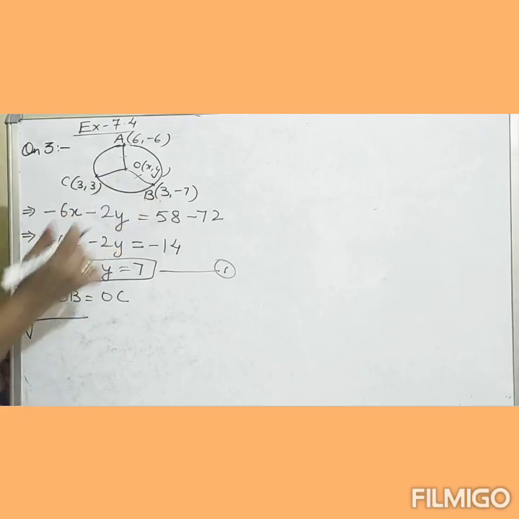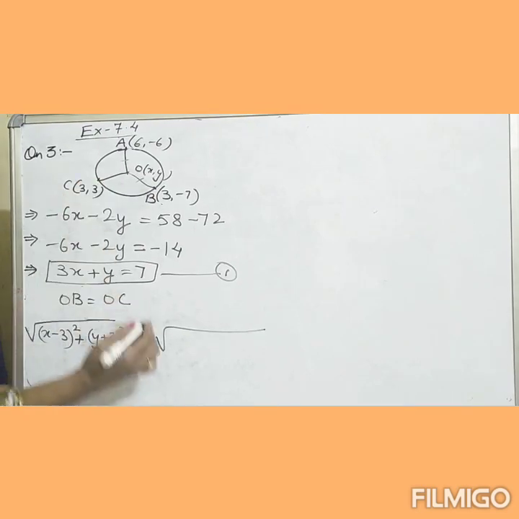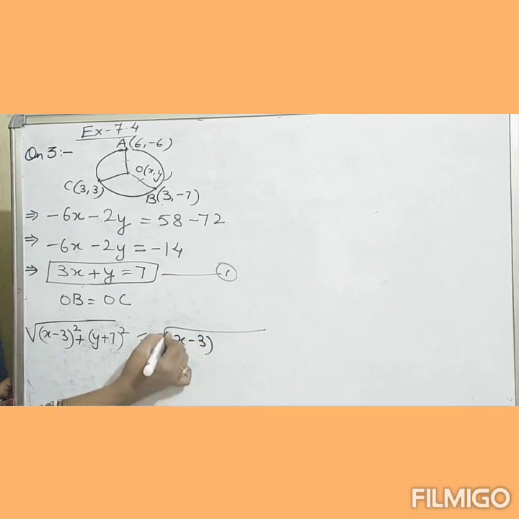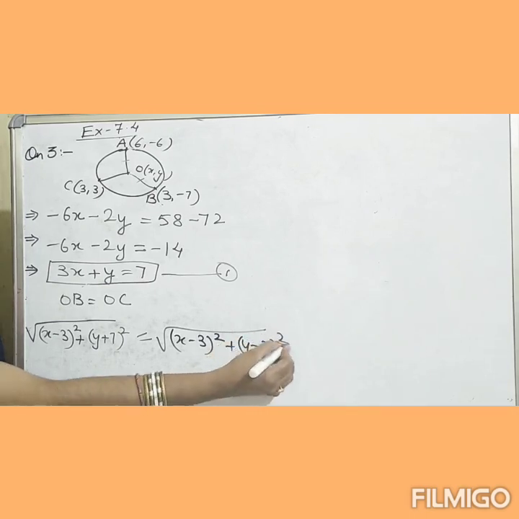Under root of x minus 3 whole square plus y plus 7 whole square is equal to under root of OC. OC means x minus 3 whole square plus y minus 3 whole square.